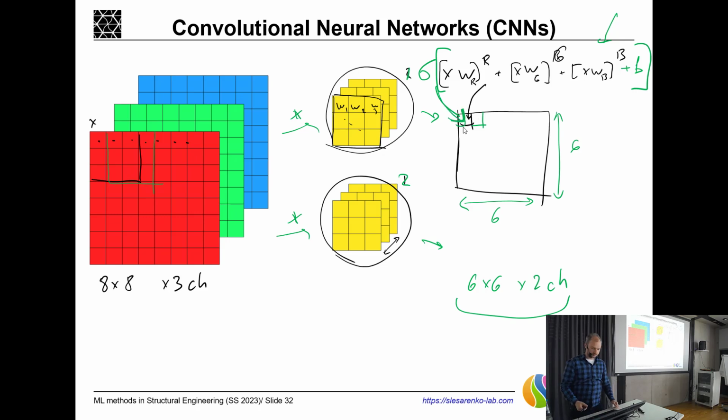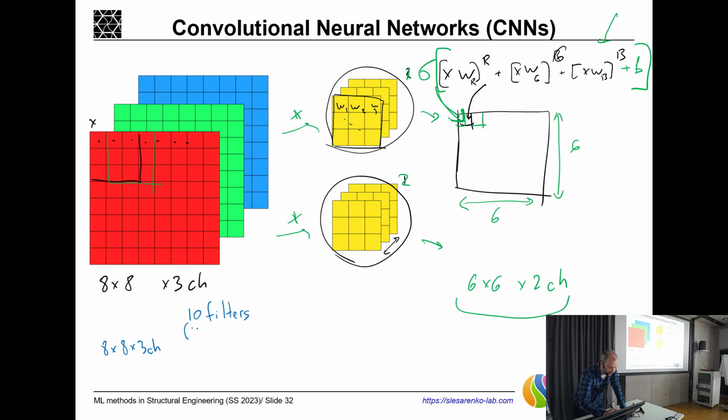Okay, so let me just summarize it. I can write a formula, but they are super convoluted due to the number of dimensions and the number of weights, so it's usually better to just try to understand what's happening. So we have our 8 by 8 by 3 channels. And then let's say I use 10 filters.